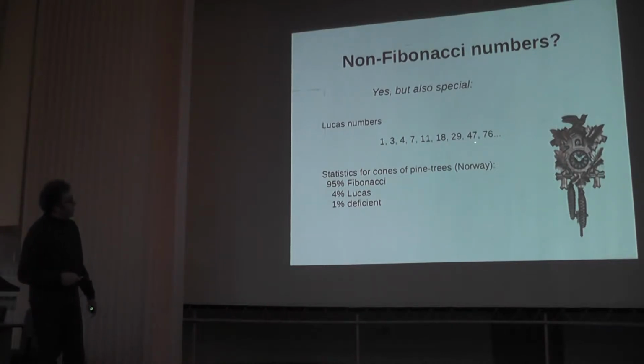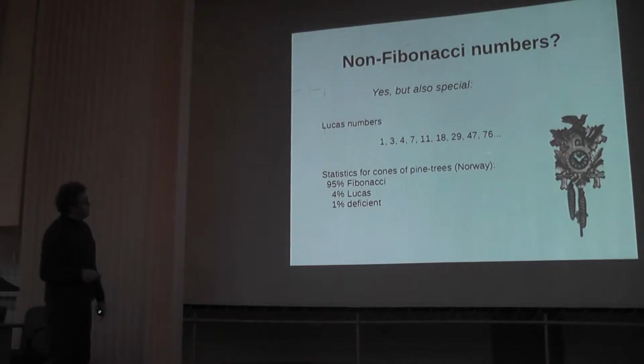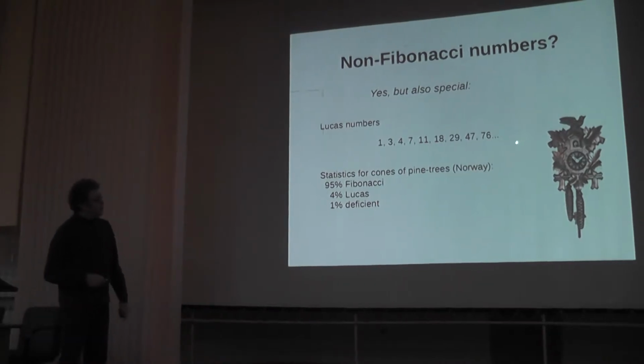In that same book, Weyl gives statistics on cones of pine trees: there are so many pine trees in Norway, and people took the trouble and counted and found that 95% were Fibonacci and 4% were Lucas, and others were some curved pine cones where we cannot really count spirals. So there are these interesting exceptions that also fall in the Fibonacci framework, called Lucas numbers. So that's point number one.